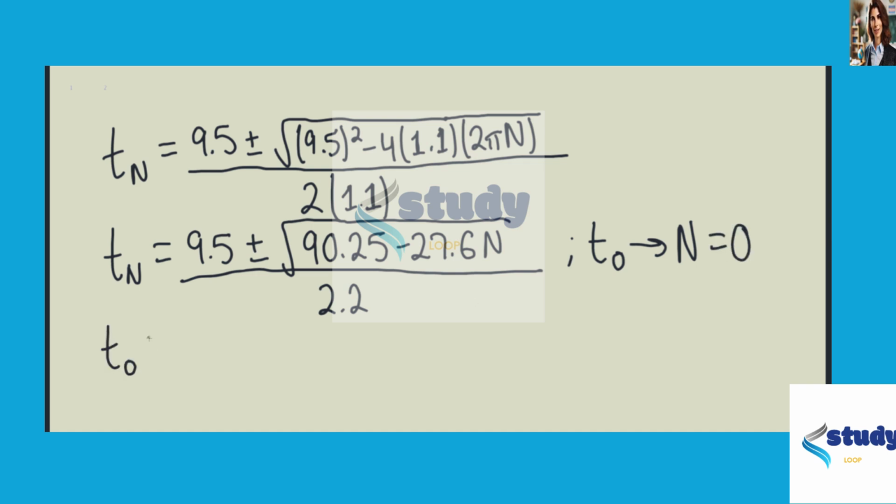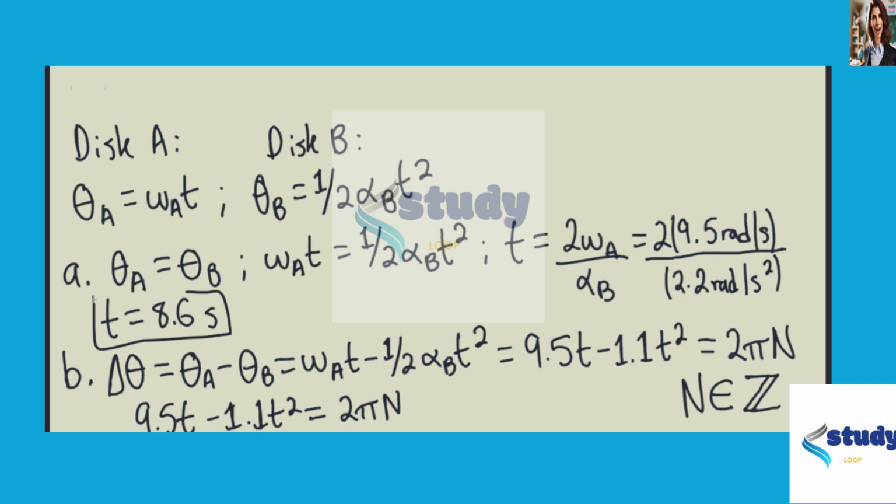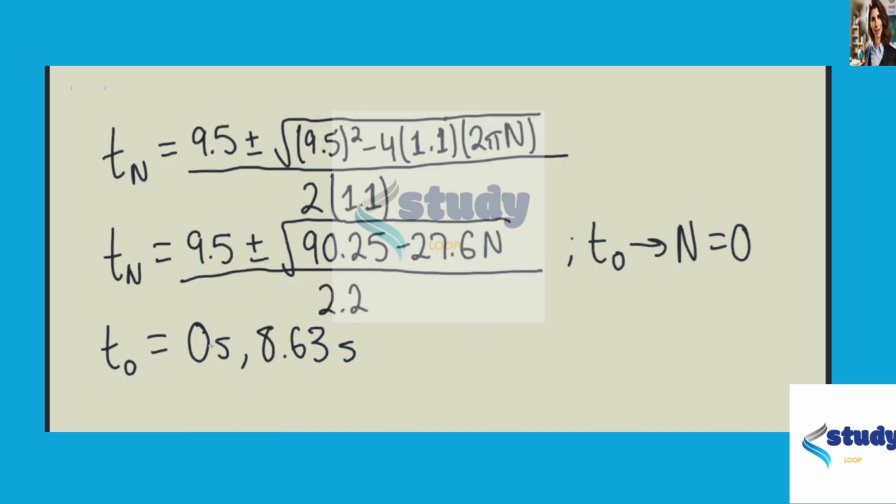And the solutions for t sub 0 would be 0 seconds and 8.63 seconds. 8.63 seconds aligns with our answer from part A, and t equals 0 seconds makes sense because at that specific instant in time, they are aligned. t equals 0 seconds simply means the moment when both disks just begin to rotate at the same time. Therefore, of course, at that instant, they would be aligned.